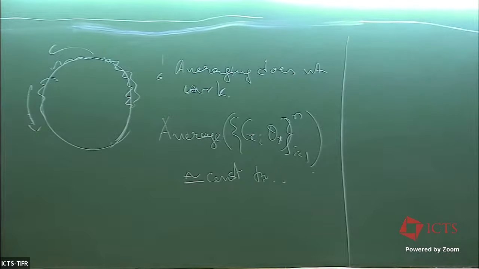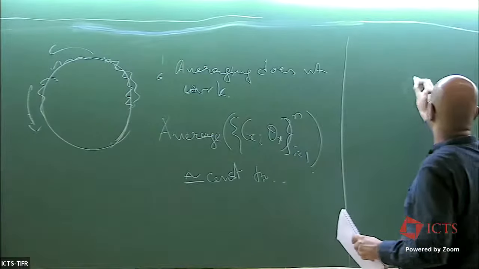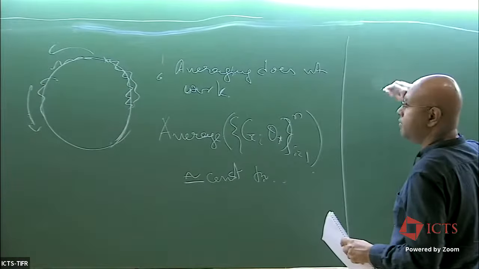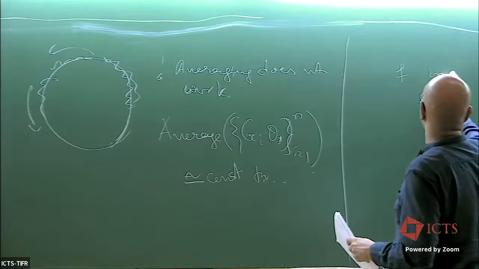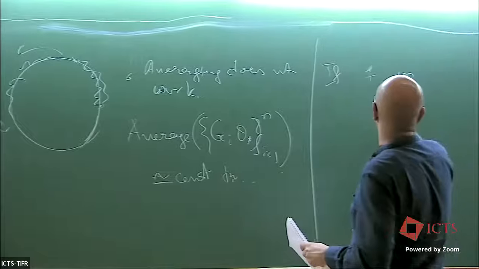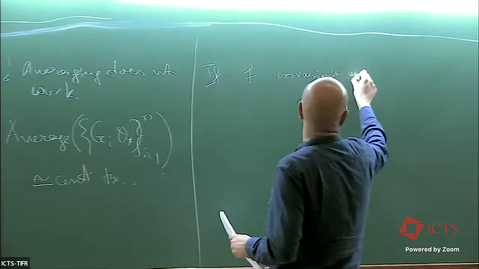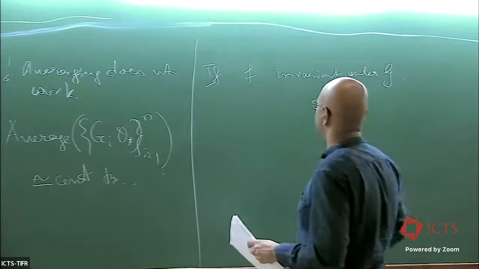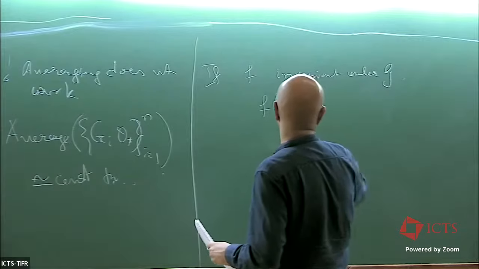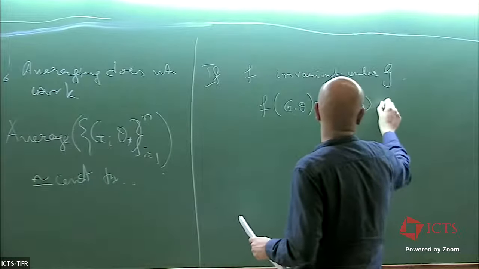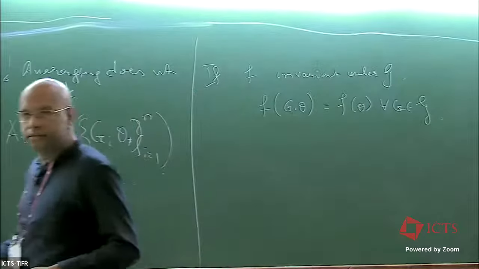We soon realized that if you take some function f which is invariant under the action of G, for example f of g times theta is equal to f of theta for all g in G, then we are good.